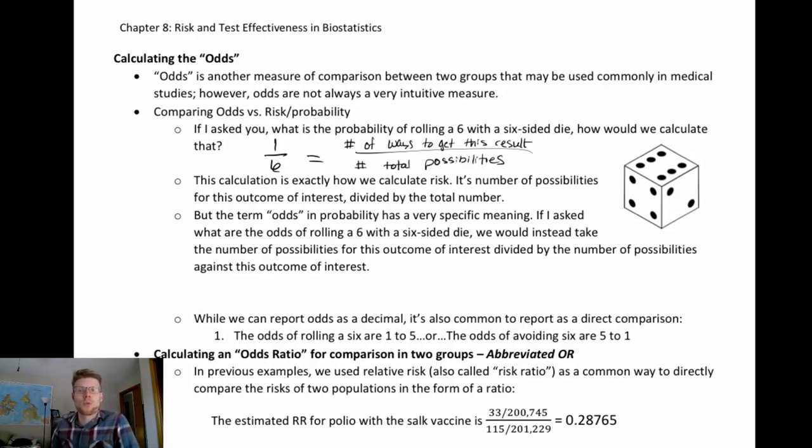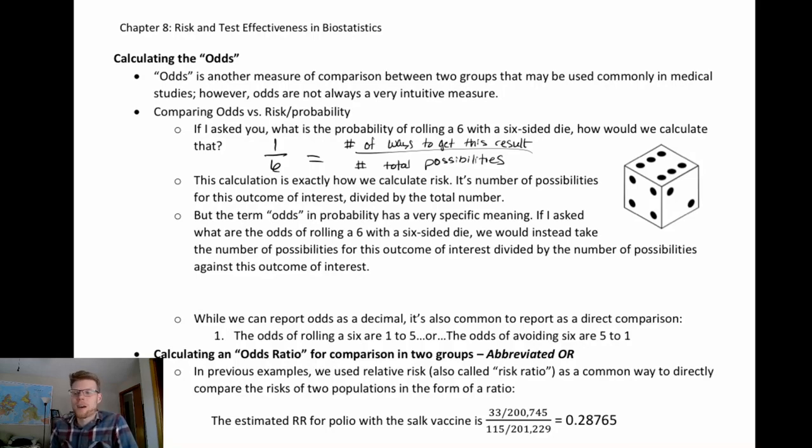We could also think of risk, as we've calculated so far, like absolute risk, as being the same thing. It's just the number of people who get something out of the total. Let me think of something easy, like the risk of COVID, for example, given that you are in a particular community.